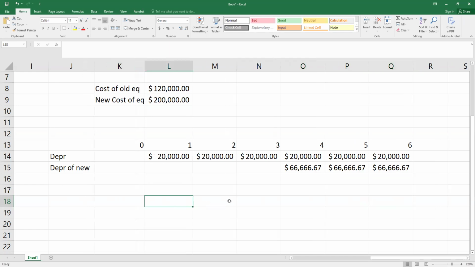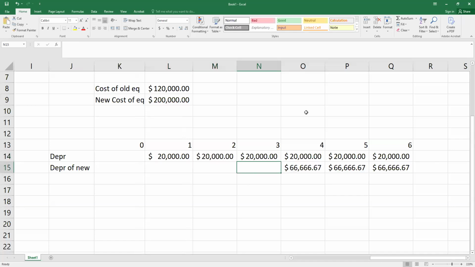The idea is that at the end of the third year, you will replace the old equipment with the new equipment. The old equipment depreciates by 20,000 each year. In total, accumulated depreciation will be 60,000. How much remaining? 60,000.